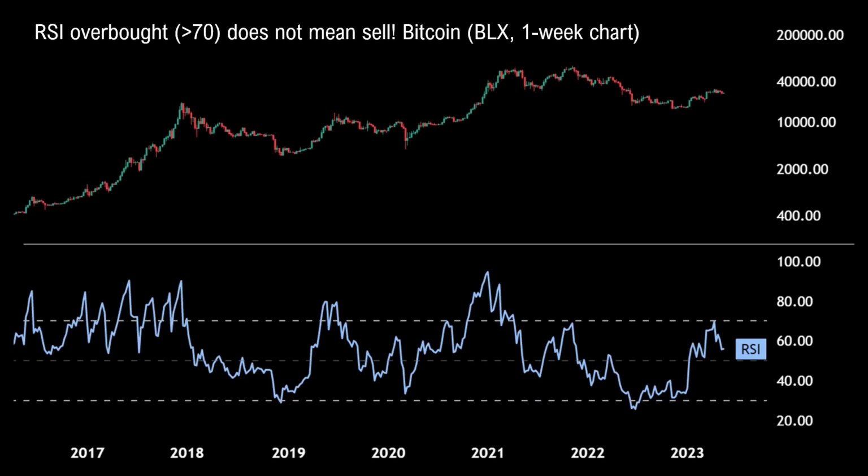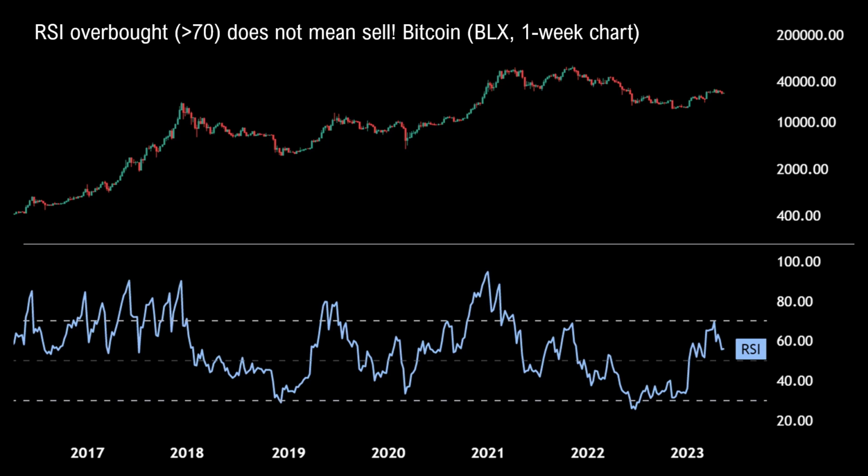So let's now look at a few examples of the RSI in action. And here we have the Bitcoin 1 week chart at the top with the RSI in blue at the bottom. Now, many people think that if the RSI is above 70, it means you should consider taking profits and selling because the investment is overbought.